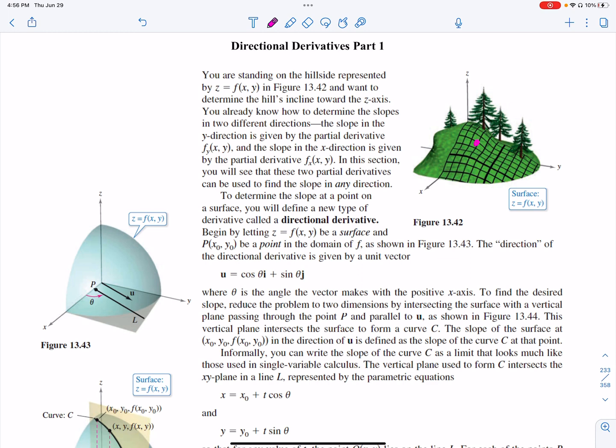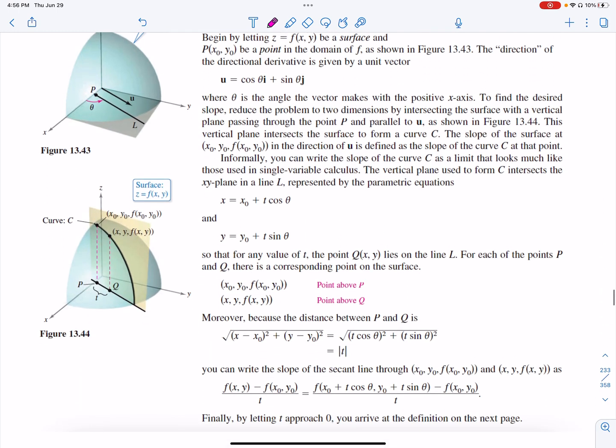In these next two pages, they're going to use that idea to show you the equation or theorem for what we call a directional derivative, which is a derivative of a line going in a certain direction, given a slice. Let's take a look at our picture down here. You can see that in the direction of this vector PQ, we can find a slope at that point in that direction. So this formula is going to help us do that.